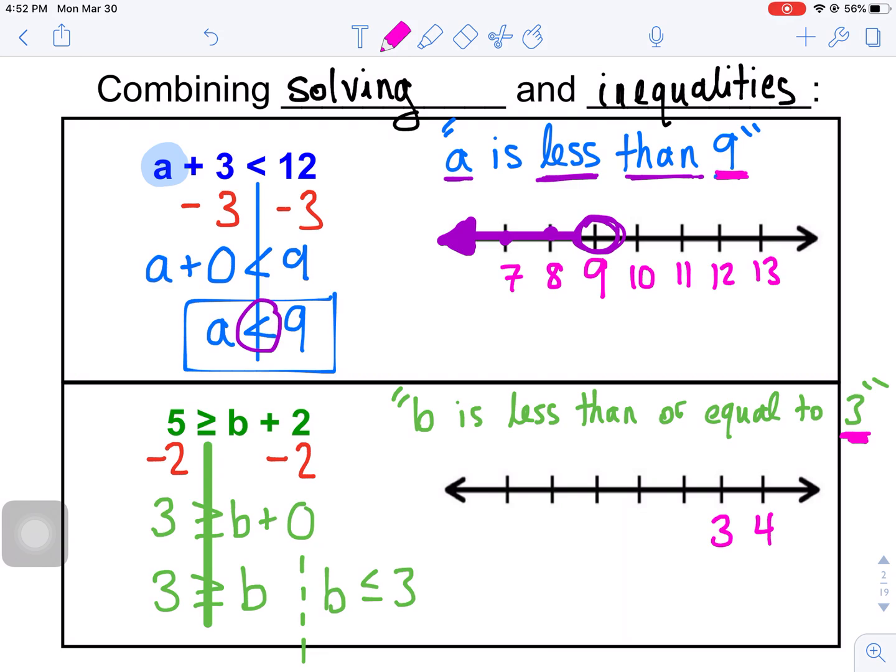And before 3 is 2, 1, 0. Before 0 is negative 1 and negative 2. Because remember, there's some symmetry at 0: 1, negative 1, 2, negative 2.